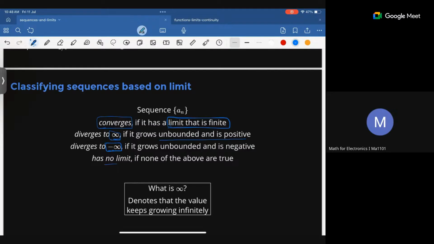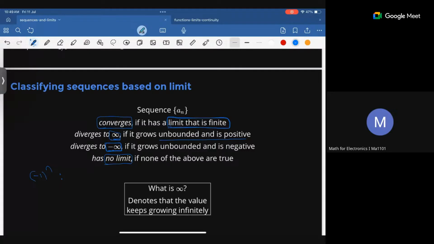And sometimes a sequence will not have any limit. In other words, as n tends to infinity, an can go to some L1, and can go to L2 also. Some sequences will not go to a single real number. For example, minus 1 whole power n.